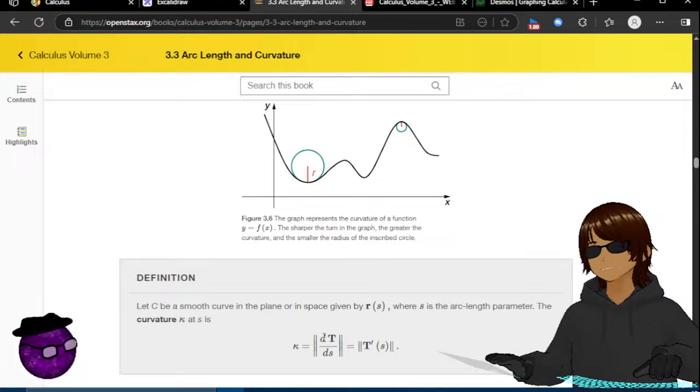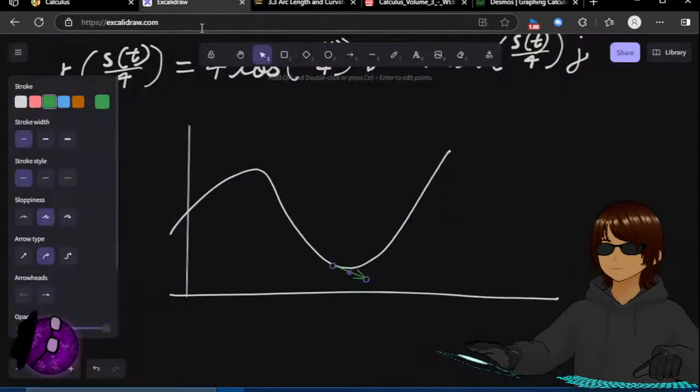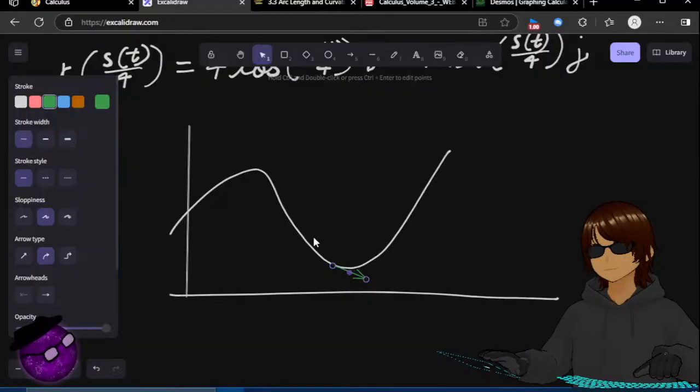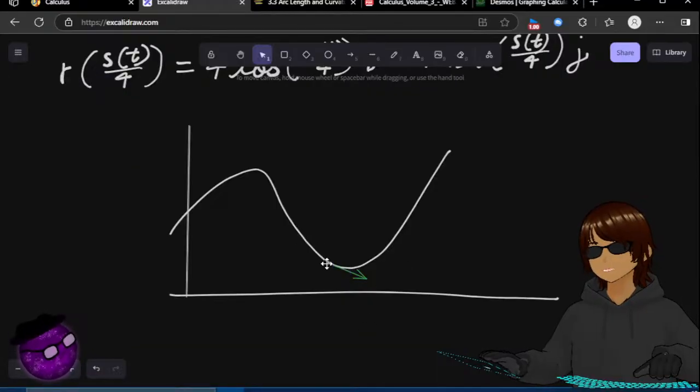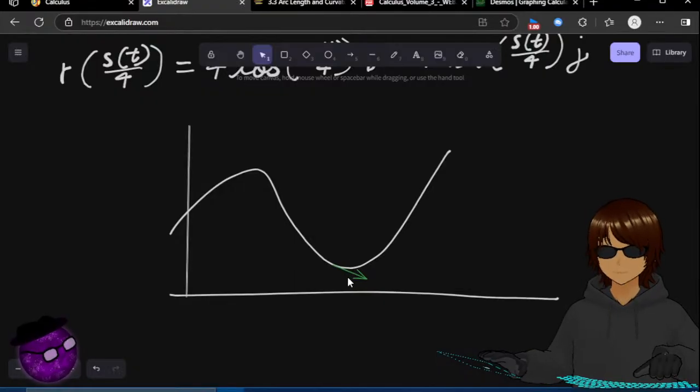So the derivative of this with respect to the arc length. So the change in the tangent, the length remains the same. So we are only checking the direction.